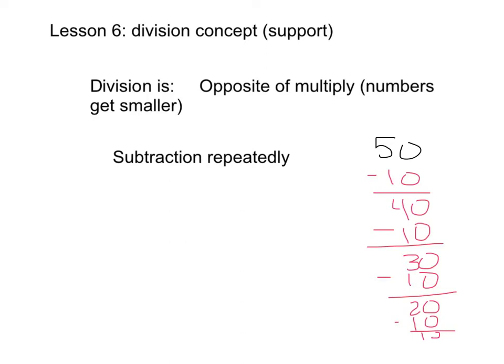And if you notice, I am subtracting the same number repeatedly over and over again. When you find yourself subtracting repeatedly the same number, that's division. So when you start noticing that repetition, you'd say, oh, okay, let's just do 50 divided by 10. And that will tell me how many people I can take with me to the movie. Anytime you notice that this is going to require you to subtract repeatedly the same number, divide. It's a shortcut.